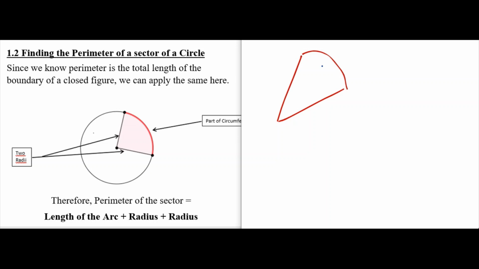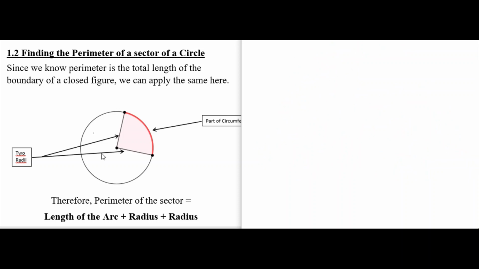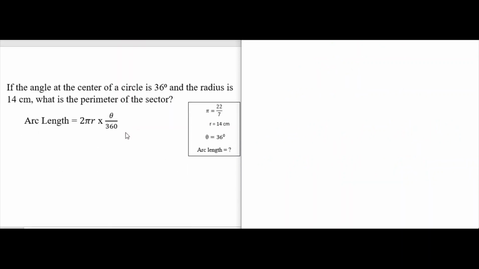By now you should be able to figure out that in order to find the perimeter of a given sector, we should add the arc length with the radius and the radius. Because that covers the entire boundary, right? So the perimeter is equal to arc length plus radius plus radius. That is basically it. And let's do just one example to see how it works.